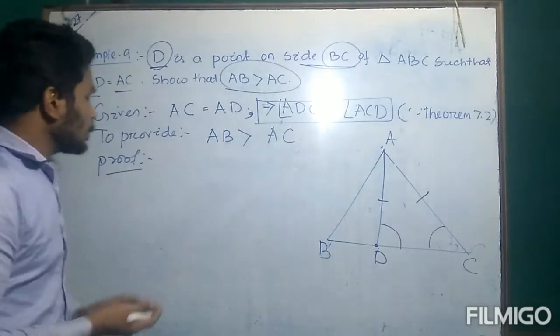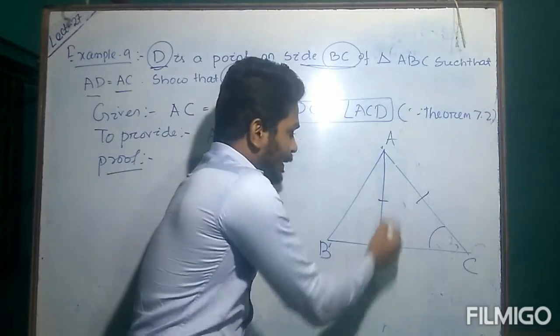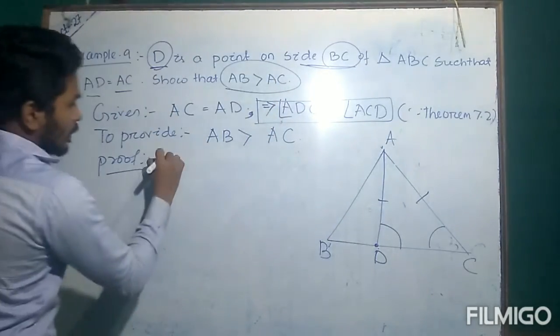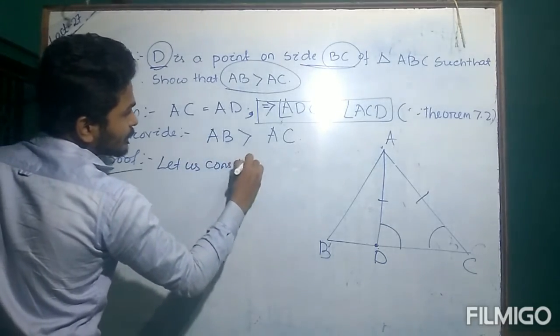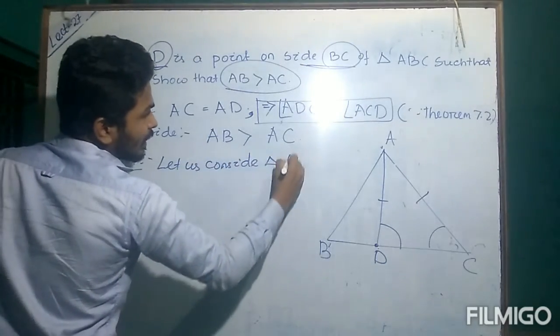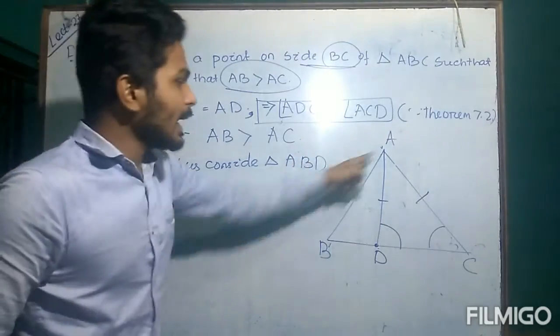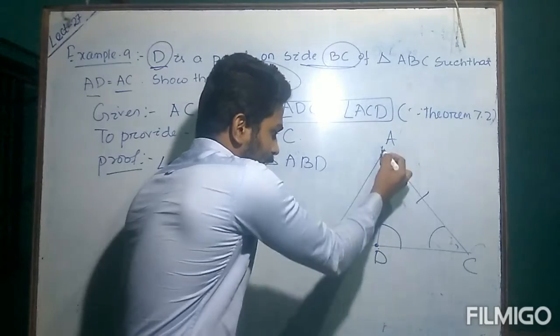Now, in the proof section, what do we have to do? Let us consider the triangle ABD. Just watch my hand: triangle ABD.